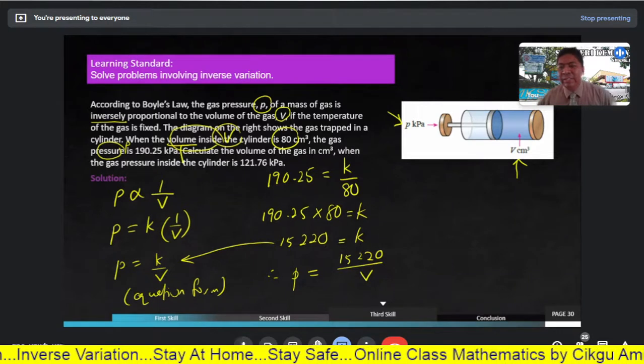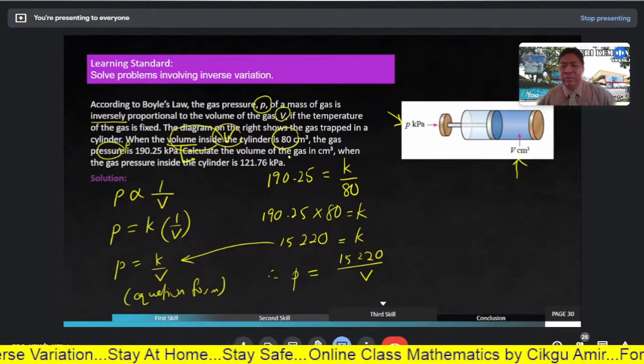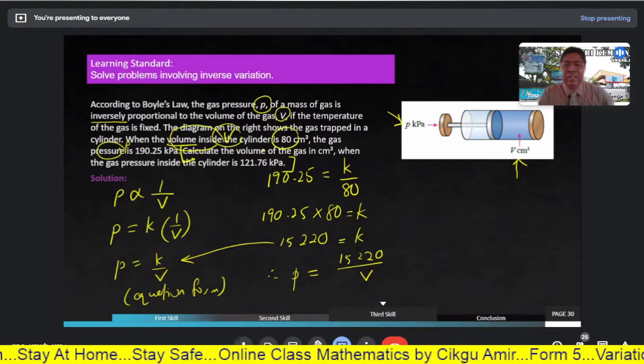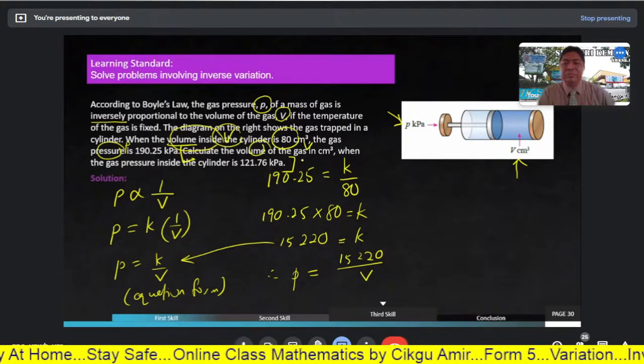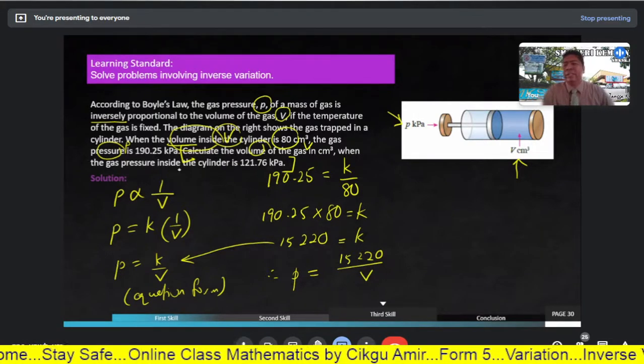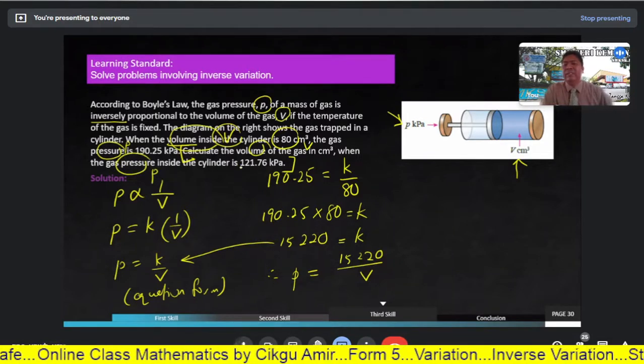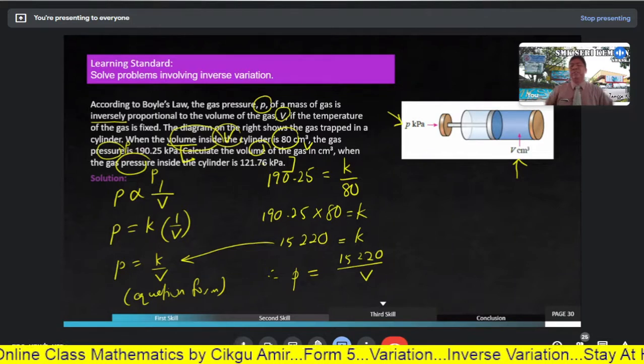The question here is: calculate the volume of the gas. Calculate the volume means V, when the gas pressure P in the cylinder is 121.76.